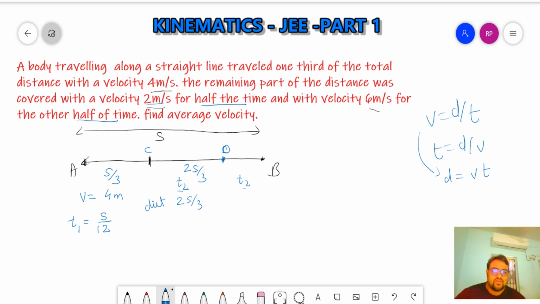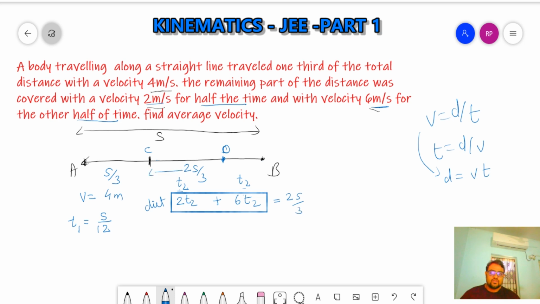For D to B, what is the velocity? 6 meter per second. So velocity 6 into time T2. Velocity 2 into time T2, velocity 6 into time T2. So this is the total distance for the remaining part, which is equal to 2S by 3.